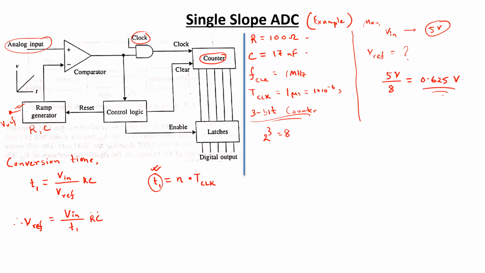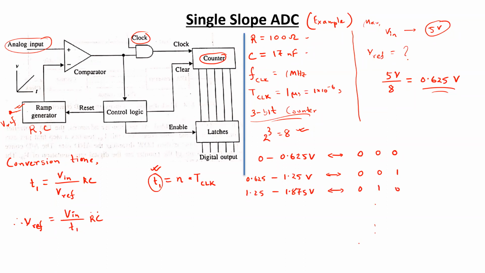So in terms of the quantization interval, we can define the ranges of these 8 quantization states. For example, from 0 up to 0.625 volts, this would correspond to the binary sequence of 000. Then suppose from 0.625 up to 1.25, this would represent 001, 1.25 to 1.875, 010.